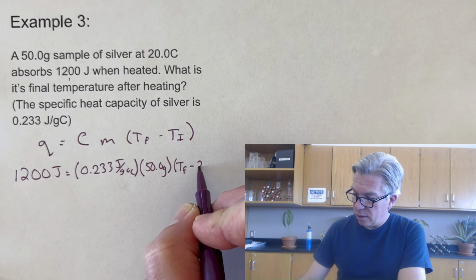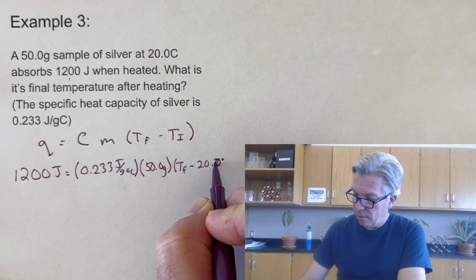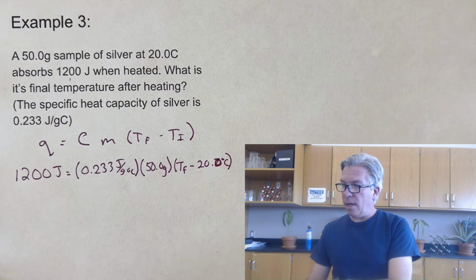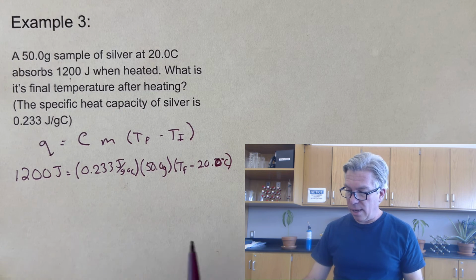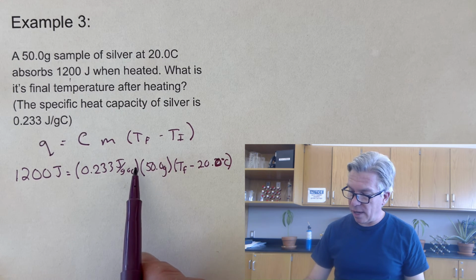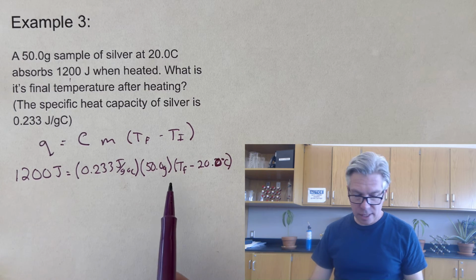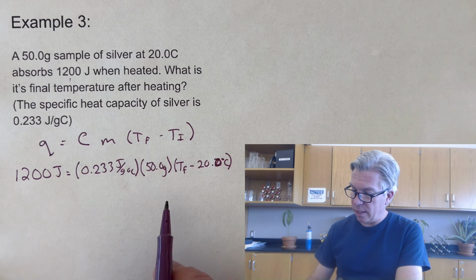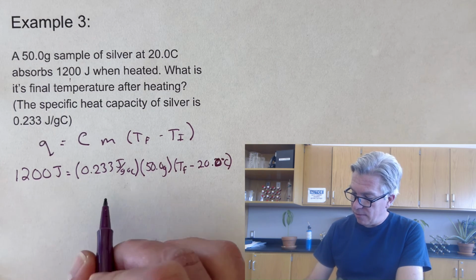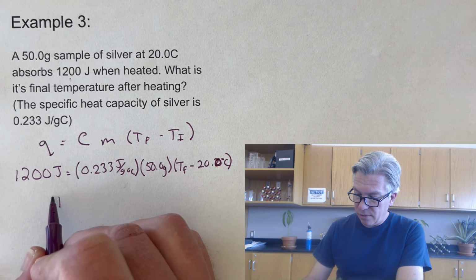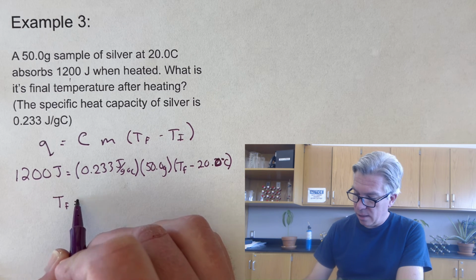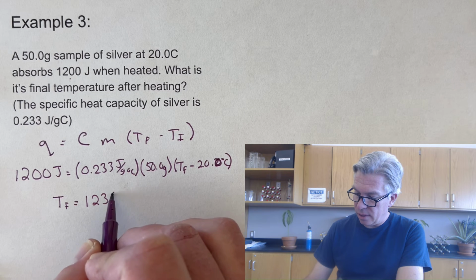But I do know it starts at 20.0, sorry about that. And then I have to do some math. I have to collect these, divide them over to the other side, and then I'm going to get a number equals T final minus 20, and if I solve it correctly, T final ends up being 123 degrees Celsius.